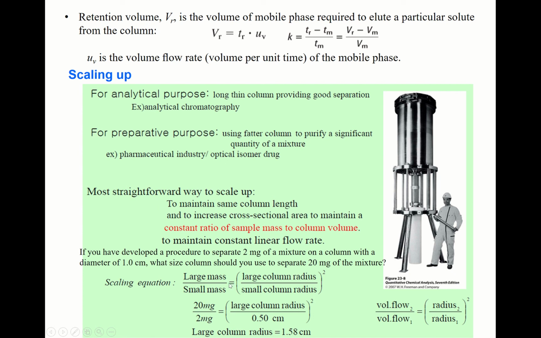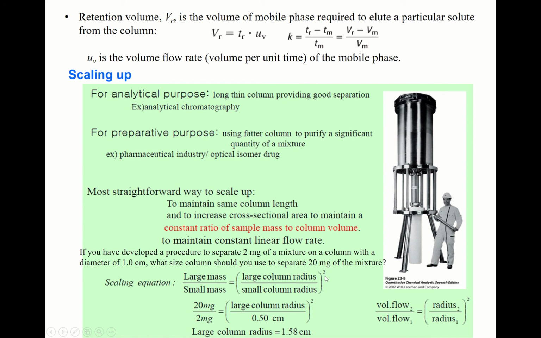The mass is proportional to the column volume, but since the column length is the same, the ratio of mass is proportional to the area ratio, squared. This is important.